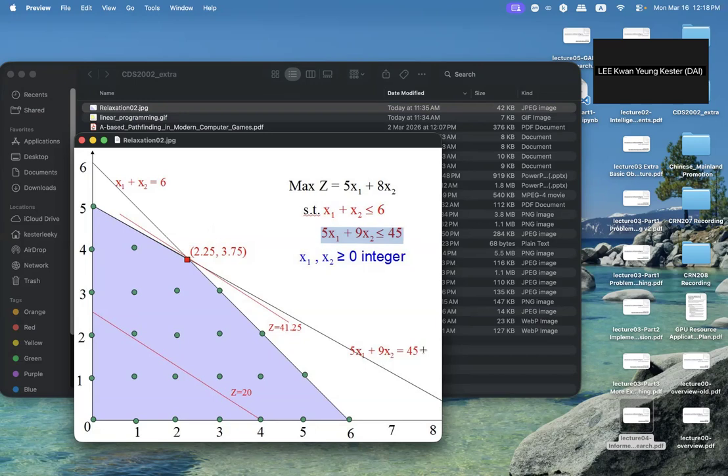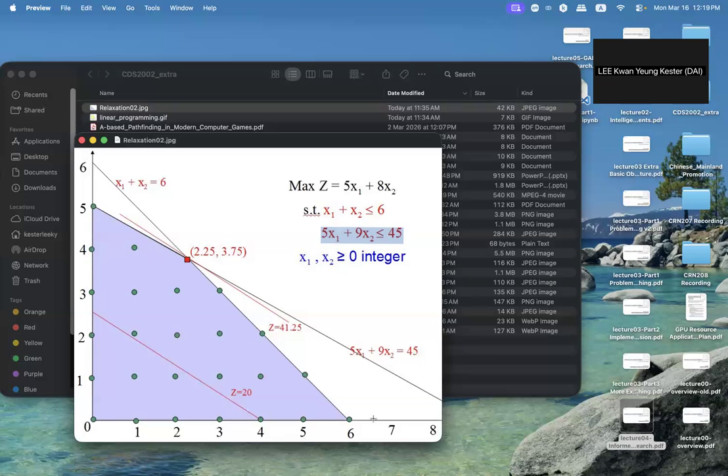So we convert these two constraints into two lines in our graph, and then we can establish an area. Because x1 and x2 are larger than or equal to 0, we also impose constraints here and here, but it is too obvious, so we don't draw it.